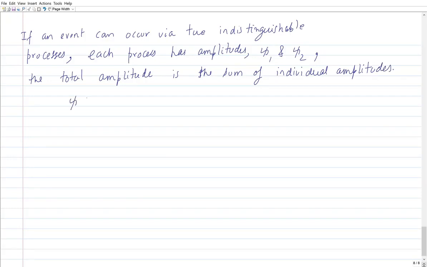So psi total for the event is psi 1 plus psi 2.